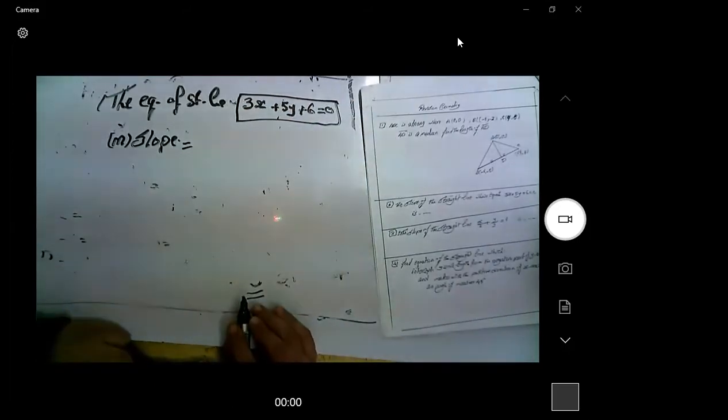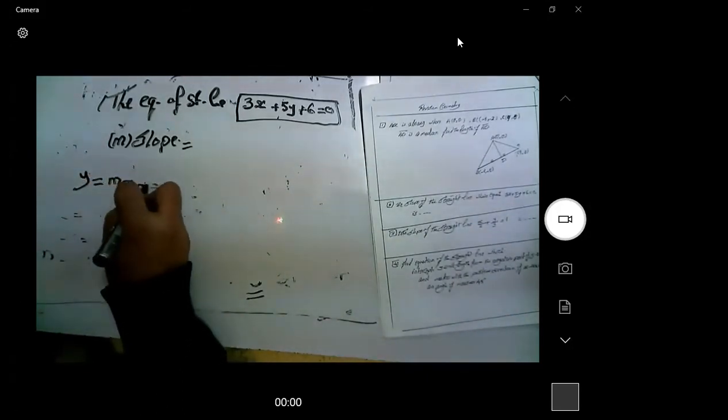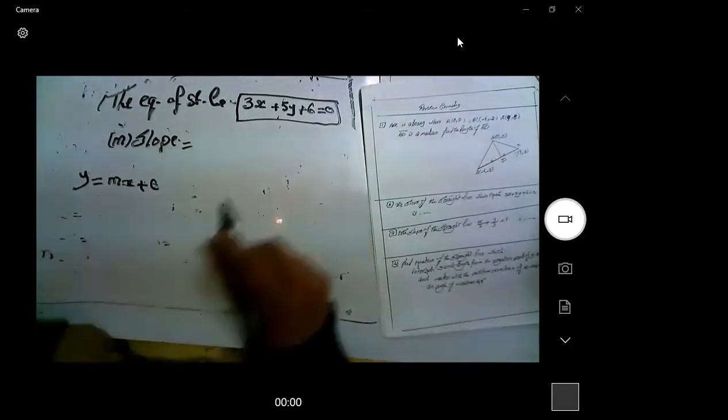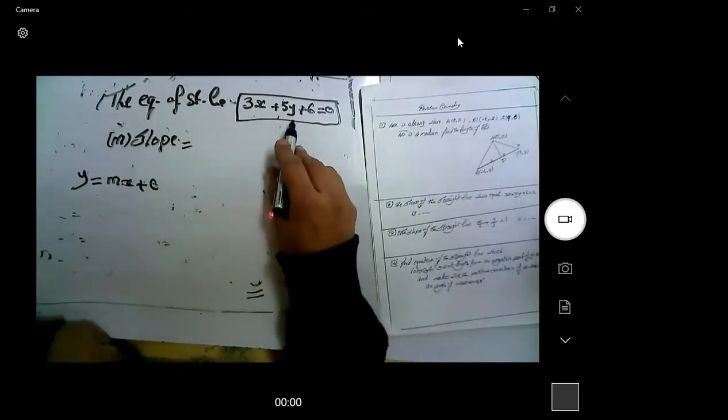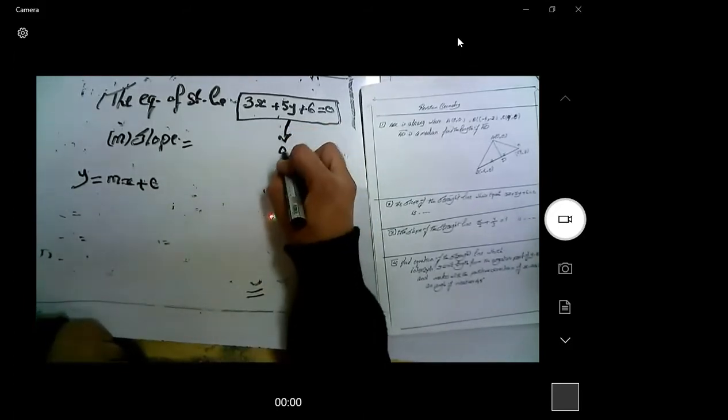The first form is the slope form, which is y equals mx plus c. But the equation 3x plus 5y plus 6 equals 0 is in the general form.